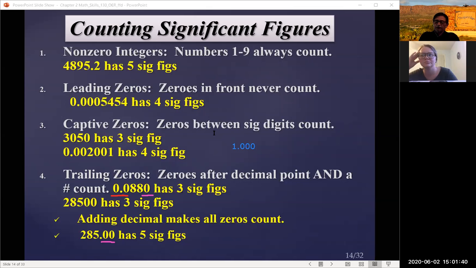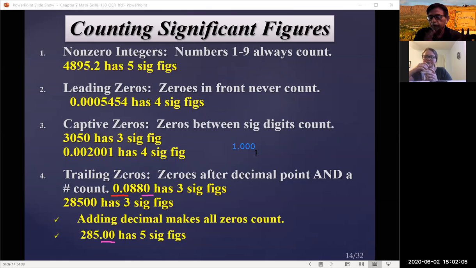Yes, there's a one in front. Okay, how many? 4? Okay, 4 is correct, because you asked the question for the zeros. Is there a decimal point in that number? Yes. Is there an integer in front of those 3 zeros? Yes. Hence, those zeros count.